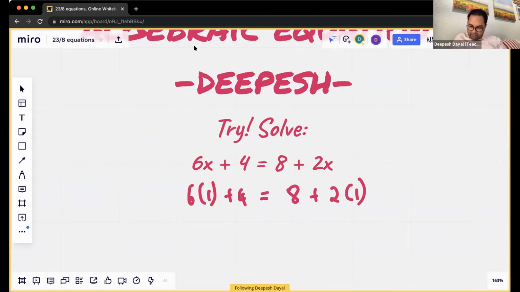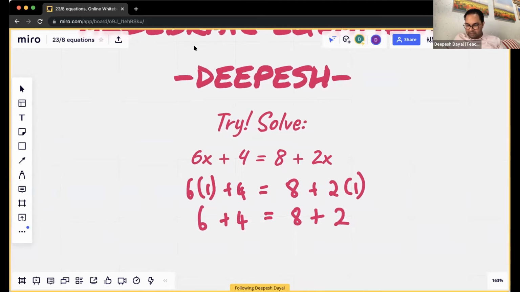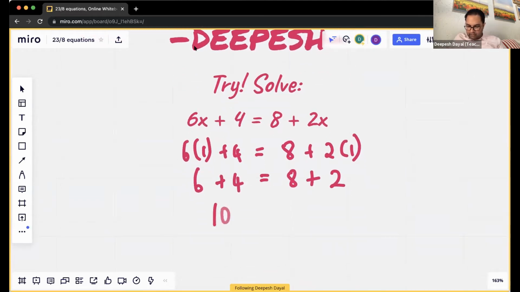And 6 times 1 is 6 plus 4, and 8 plus 2 times 1 is 2. So it's 6 plus 4 is 10, and 8 plus 2 is 10 as well. So 10 equals 10, and it works out perfectly.